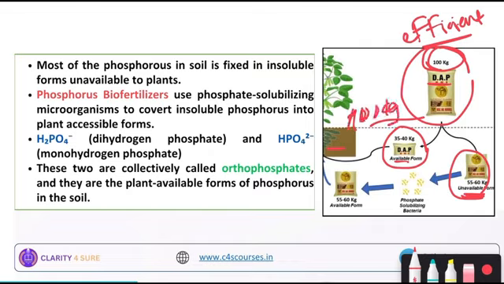Thus we want to reduce the wastage. But here there is a problem: around 55 to 60 kg is getting fixed and becoming unavailable to the roots.